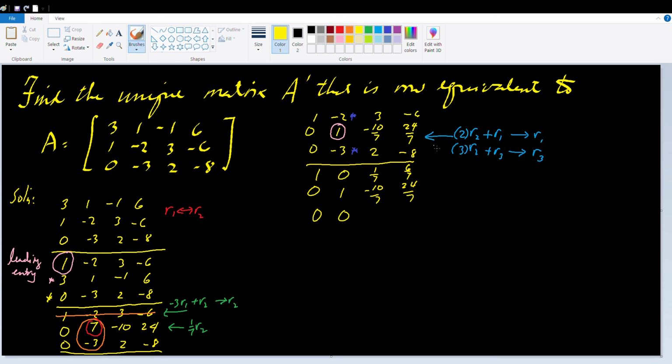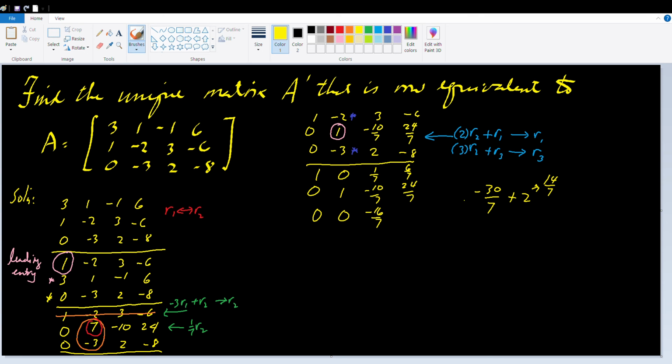Negative 10 over 7 times 3 is negative 30 over 7. Add it to 2, so that will be 14 over 7. Negative 30 plus 14 is negative 16 over 7.